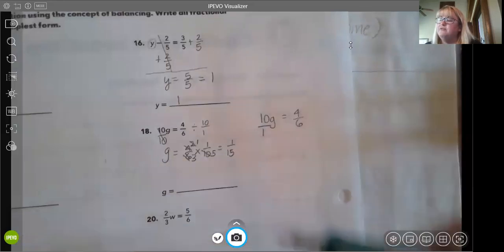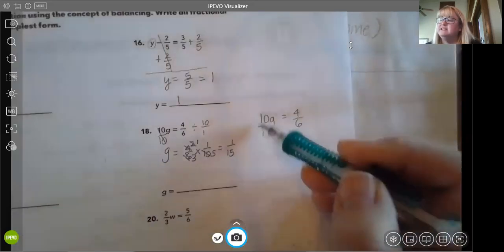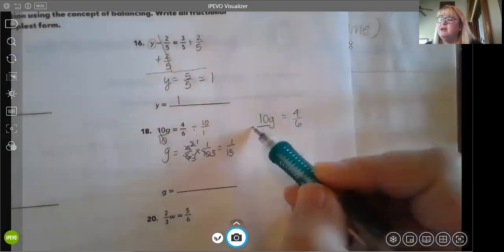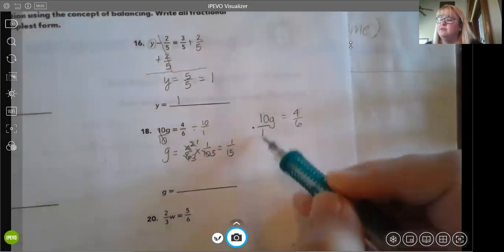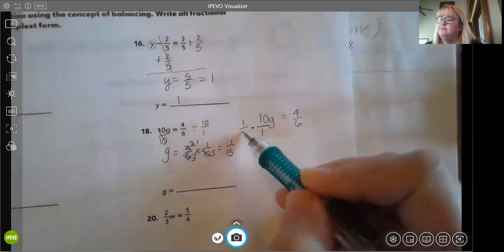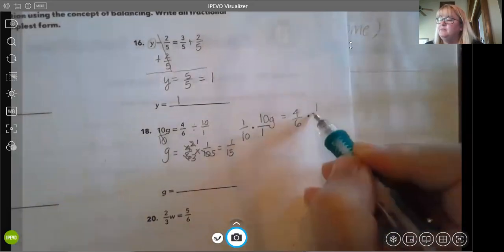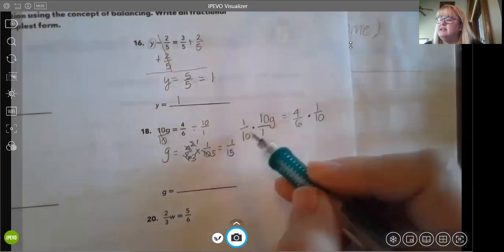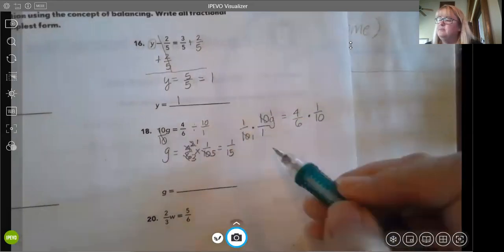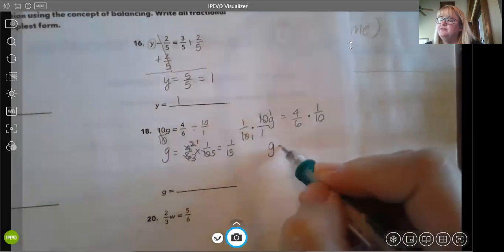So looking at our variable, 10 over 1 is the coefficient. We're going to multiply it times the reciprocal of 10 over 1, and that would be 1/10. And if I multiply this by 1/10, I have to multiply this by 1/10. Now, cancel out, leaving g by itself.